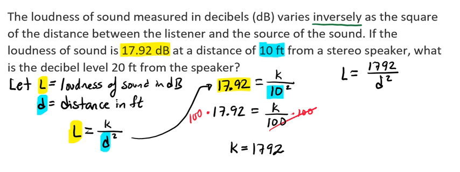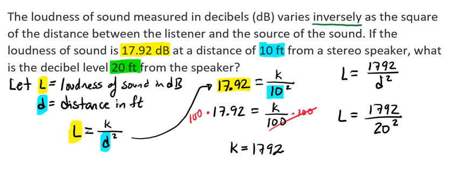And so now we can plug any distance we want into that and find what that decibel level is going to be. So L equals 1,792 divided by, and it asked us about 20 feet, so we're going to plug in that 20 feet. So 20 squared.